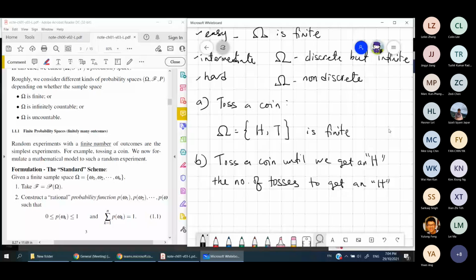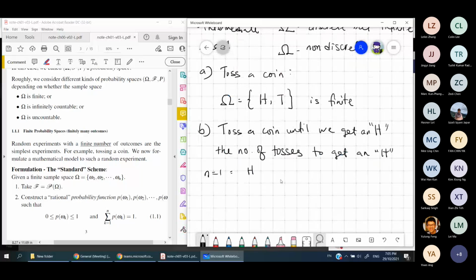If we consider the outcome as the number of tosses needed to get a head, n could be 1, right? That means we are so lucky, the first try we already get a head. And if you are not so lucky, first we get a tail, then we get a head. Or it can be tail, tail, head, right?